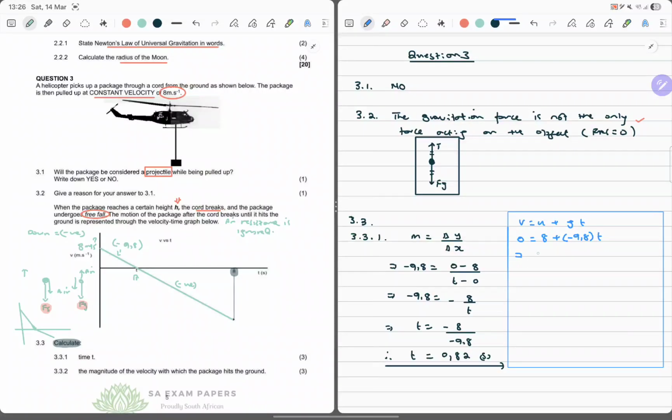So this implies that we've got t as minus 8, we transpose and divide. Do you see how similar these are at the end? Because it doesn't matter which technique you used. At the end of the day, there's going to be some common step. So you can already see it's the same thing as when we used our gradient. So this should be 0,82 seconds.